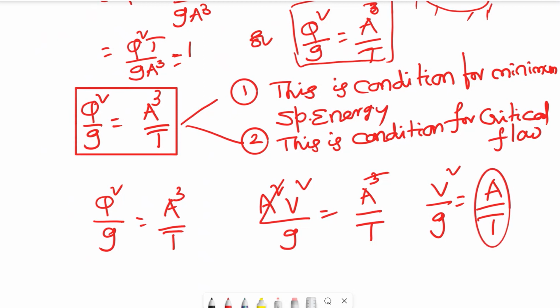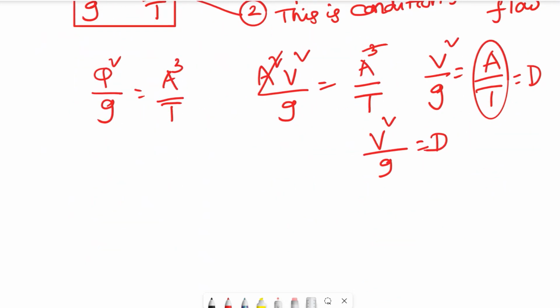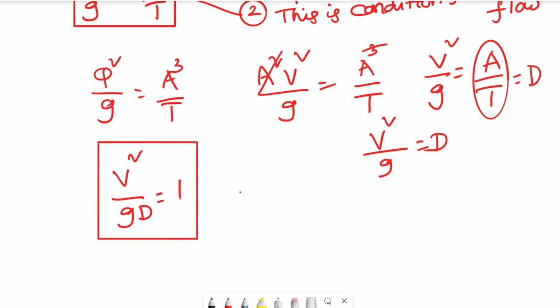We know it is nothing but the hydraulic depth D. That means V squared by g is equal to D, or V squared by gD is equal to 1, or V by root gD is equal to 1.